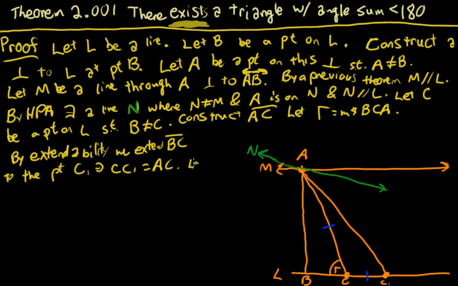So then we'll say let gamma sub 1 equal the measure of angle C sub 1 A C. So gamma sub 1 is right down there.